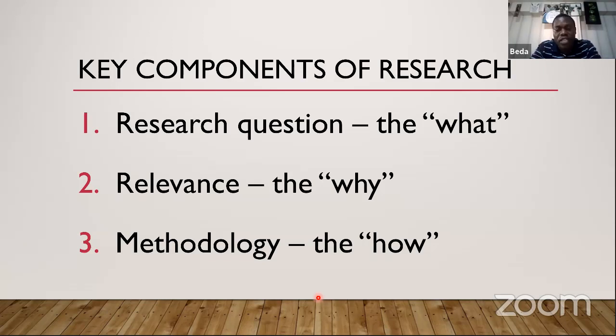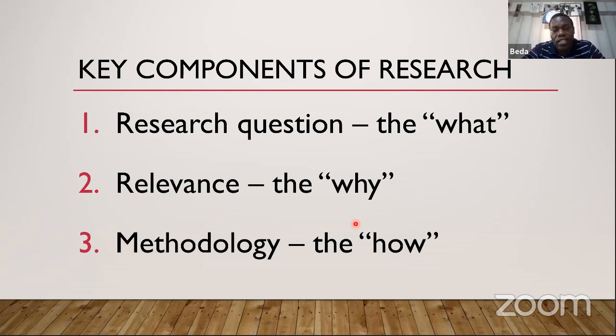But you can also say, okay, I'll be standing somewhere in the roundabout near Westlands. You can actually count quite a number there. So the methodology of the study is very important because it will be the one that will be checking. And through that methodology, you'll be saying, okay, this is valid, or this is invalid.